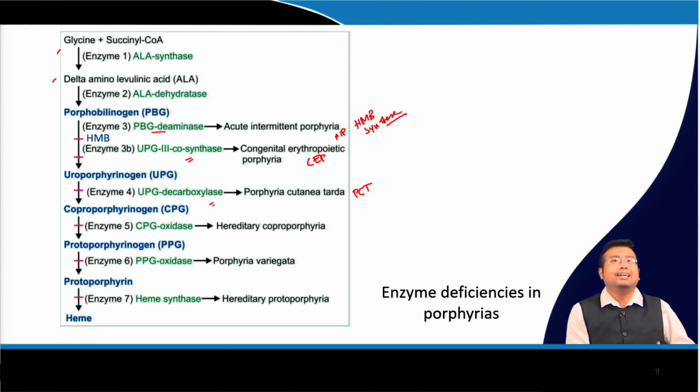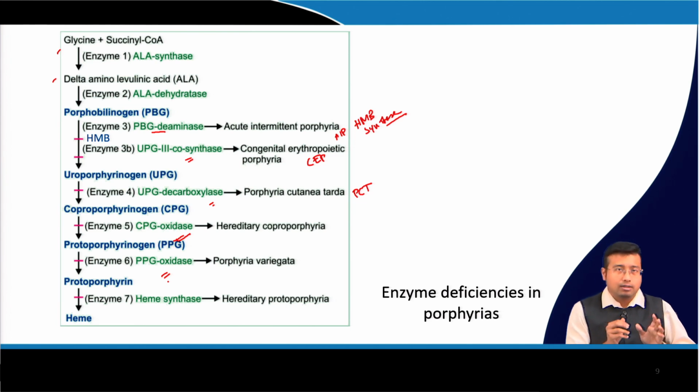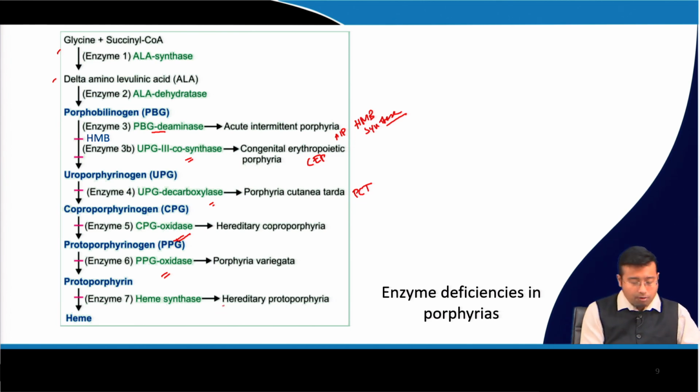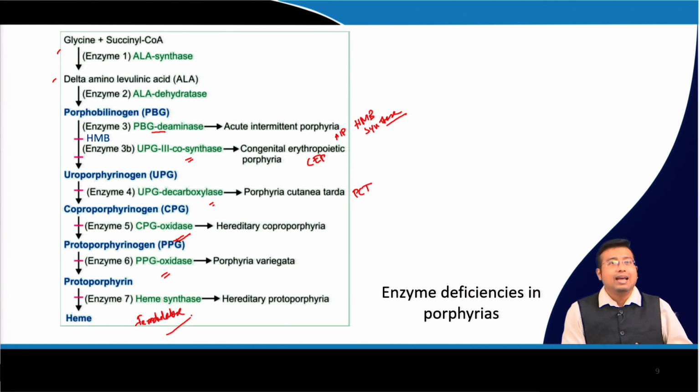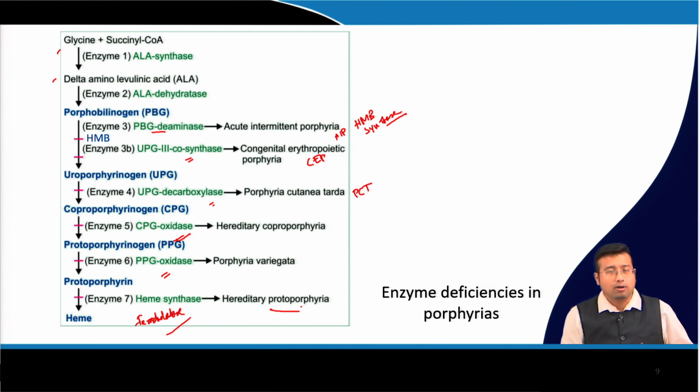Hereditary coproporphyria is due to deficiency of coproporphyrinogen oxidase, variegate porphyria or porphyria variegata is due to deficiency of protoporphyrinogen oxidase, and finally the deficiency of heme synthase or ferrochelatase. Ferrochelatase deficiency leads to hereditary protoporphyria or erythropoietic protoporphyria. The name protoporphyria is very important, all right.